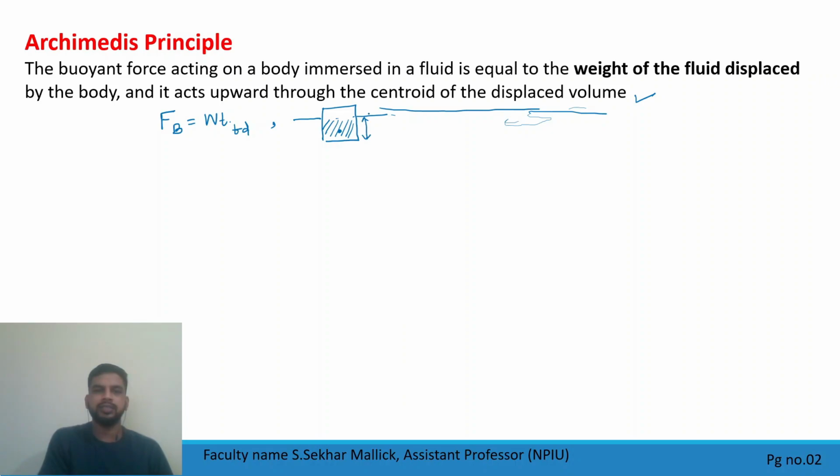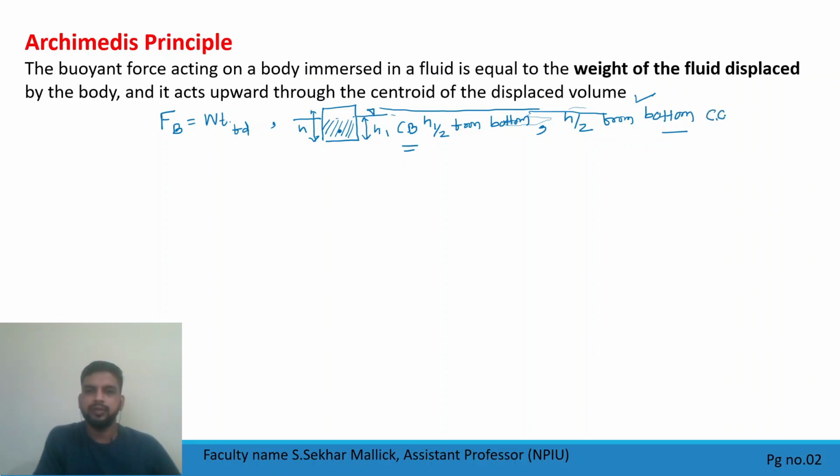If this is h1 and the total height is h, suppose, then where will the center of buoyancy be? At h1 by 2 from the bottom. And where will be the CG? CG will be at h by 2 from the bottom. Okay. So this is the center of buoyancy, this is the center of gravity.